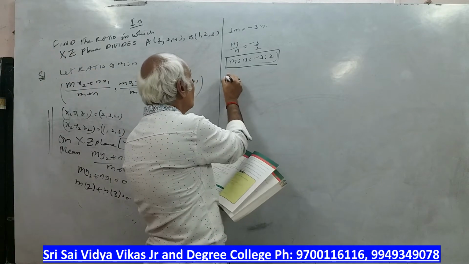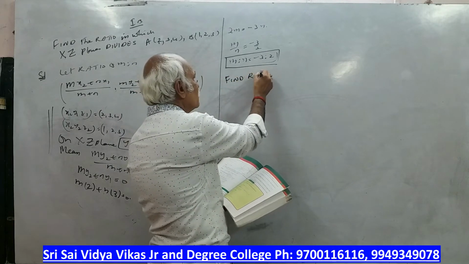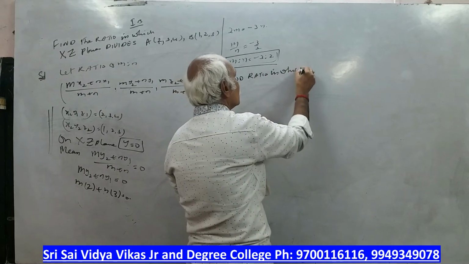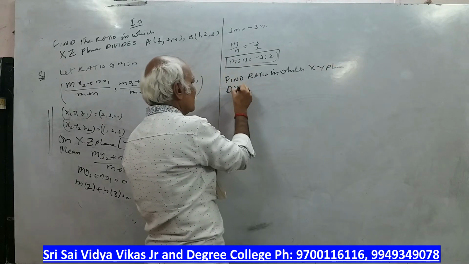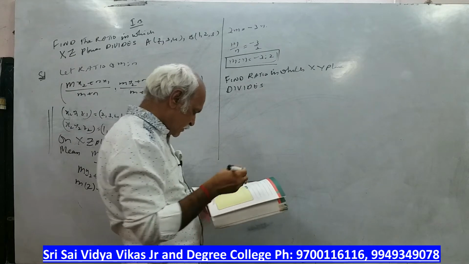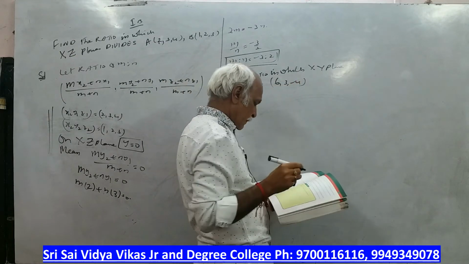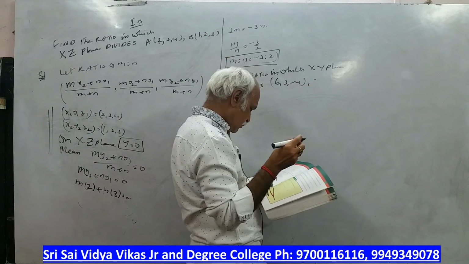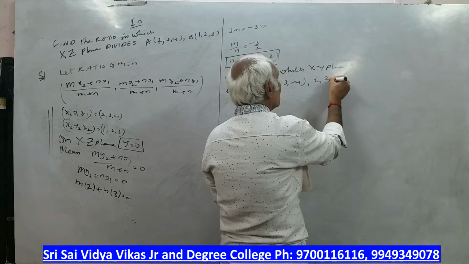Next problem. Find the ratio in which the xy plane divides (6, 3, minus 4) and (6, 2, 5).